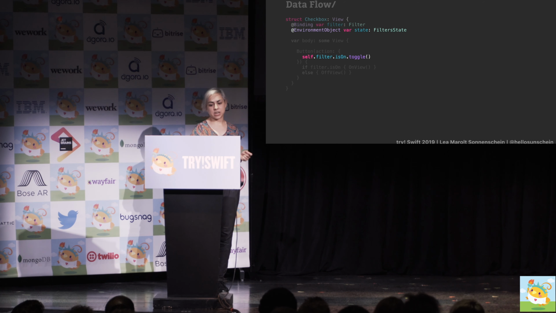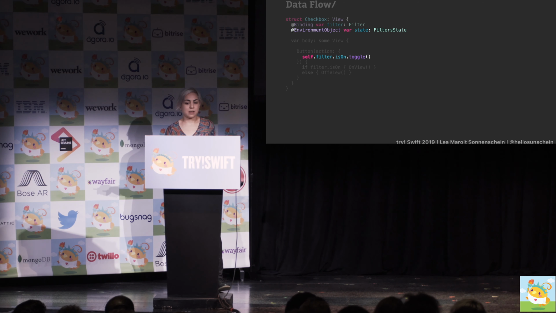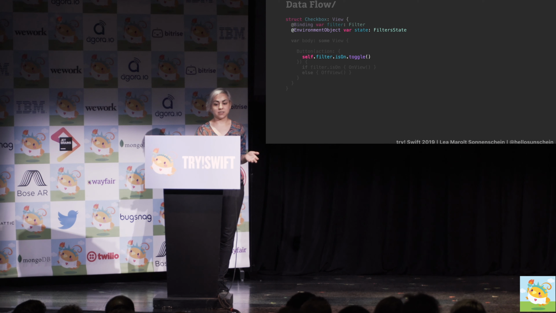Then we need to change what happens when the checkbox gets tapped. Now, this is where things get really fun. We don't actually know which filter is being tapped on to know which one to change. So in order to figure that out, we first have to find the index of your filter in the editable array.